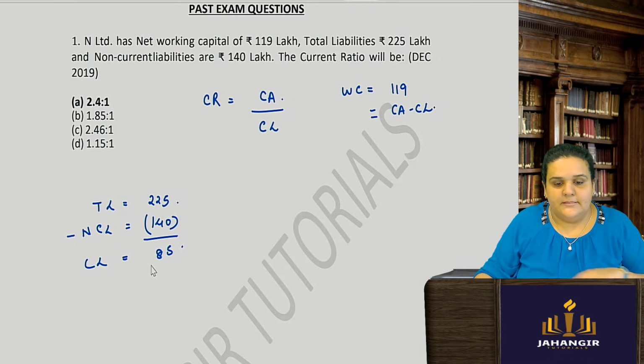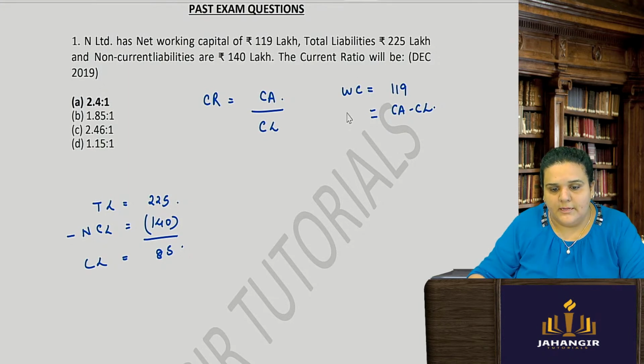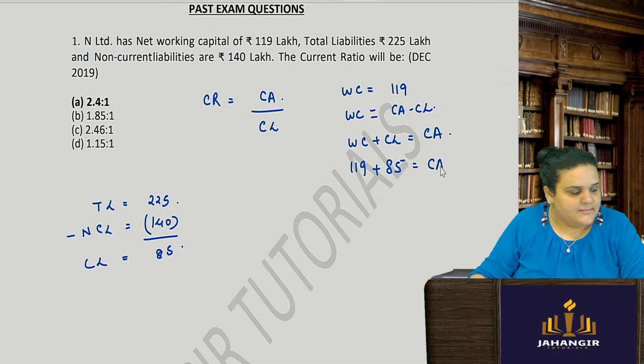So working capital plus current liabilities will be equal to current assets. I know my current liabilities and I also know my working capital. So 119 plus 85, my current assets will be 204.